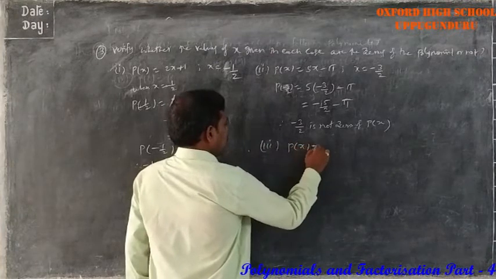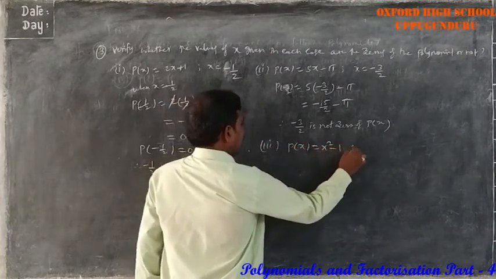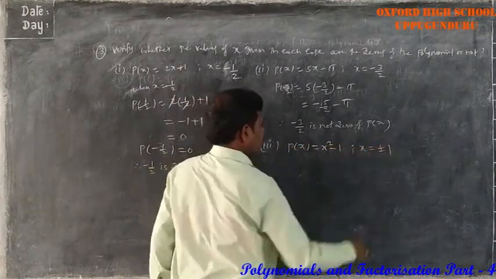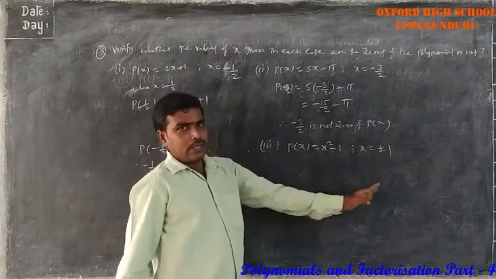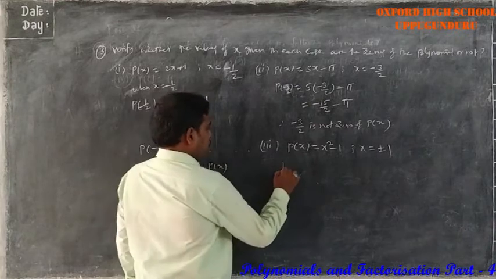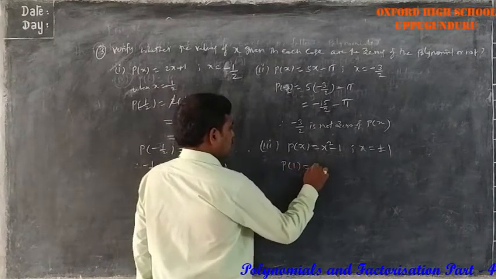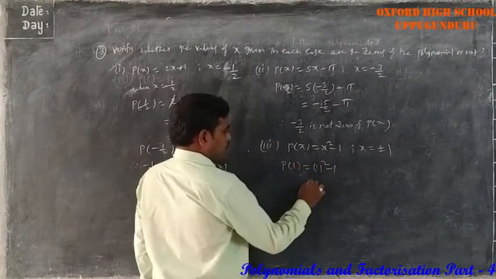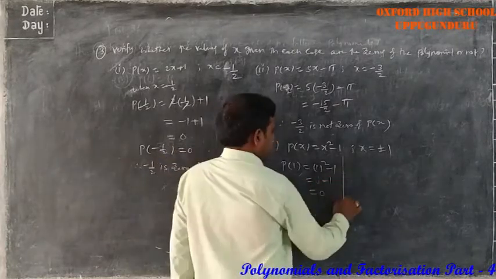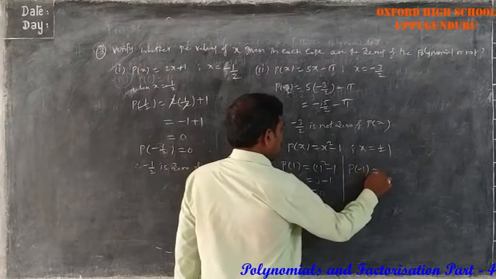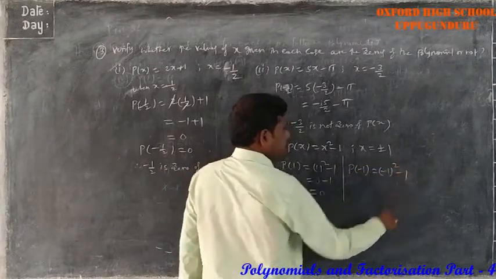P of x equal to x square minus 1, where x values are plus or minus 1. Here you have to check for both values, x equal to 1 and x equal to minus 1. Now P of 1, 1 square minus 1. 1 square is 1, minus 1, 0. Next, for P of minus 1, minus 1 whole square minus 1.